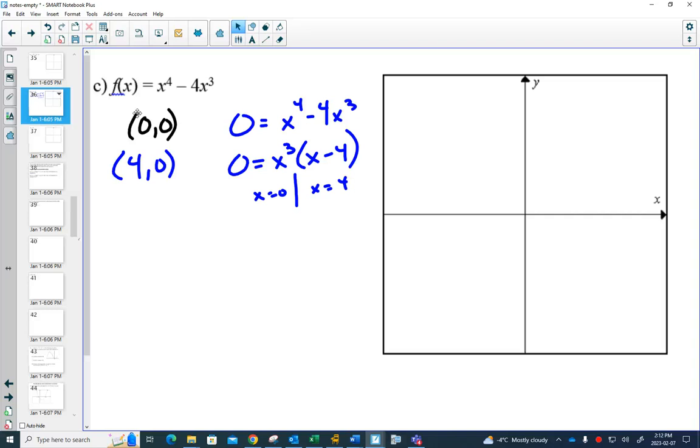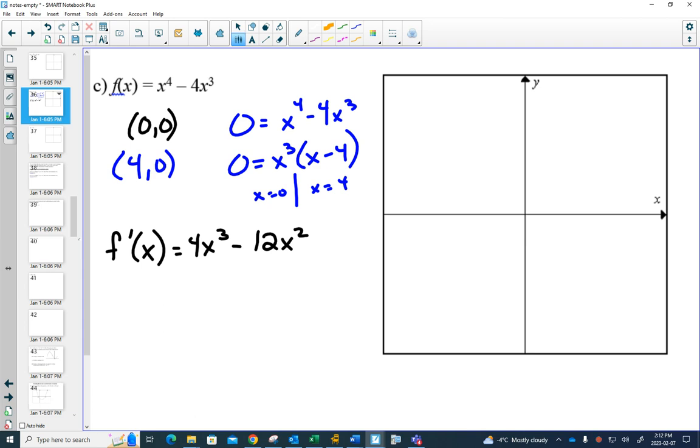So if we start off with our first derivative, you'd get 4x cubed minus 12x squared. We set our first derivative equal to 0 to find our critical points. In this case, I could see a common factor of 4x squared to pull out, leaving me with x minus 3.